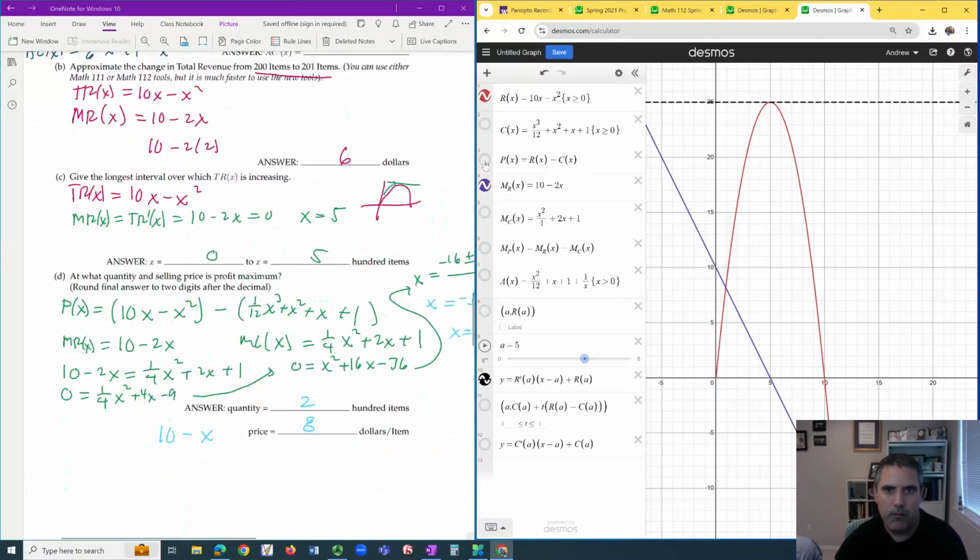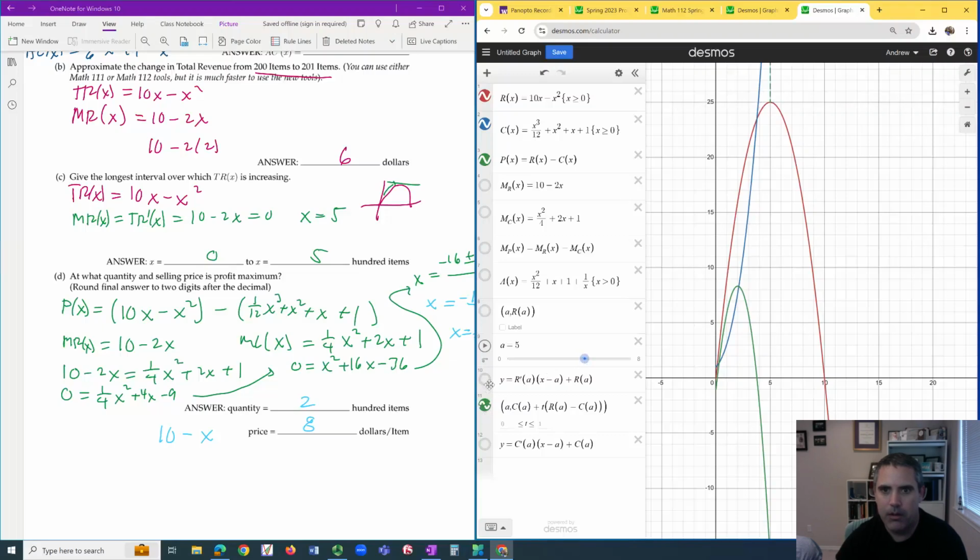Okay, what about profit? If we actually graph profit, it's weird to graph them together. I never do that because it looks weird. But that little gap that I was showing you, the height of that gap is the same as the height of the profit. So let's get rid of these so you can see it for a second. So however tall that is, so it gets really short over here.